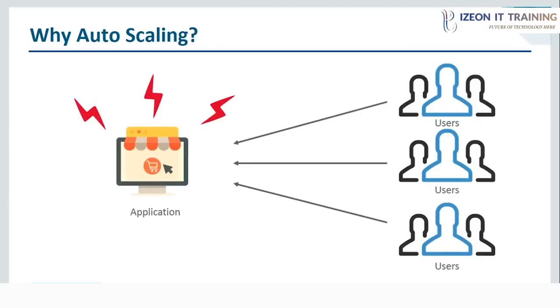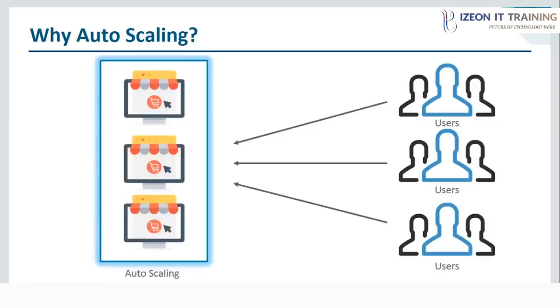Now, in this scenario, you can do only one thing, that is deploy more servers and distribute the traffic equally among those servers so that the requests can be handled. All right. Now, this thing is a manual task, and manual is a big no in the IT world, guys. So we invented a service called autoscaling, and using autoscaling, what happens is it actually analyzes the kind of load which is coming in, right? And it deploys the servers according to that.